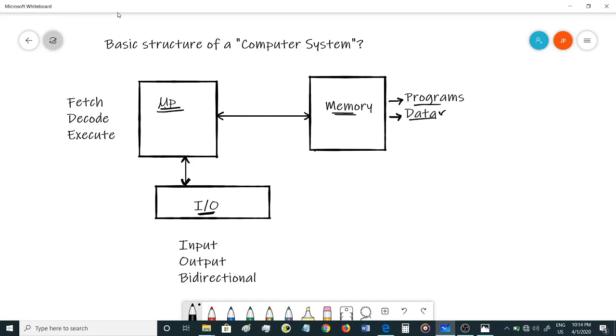So 2 to the power 20 picture elements are there in a 1 megapixel photo. Picture elements means each dot is a picture element in your photo.